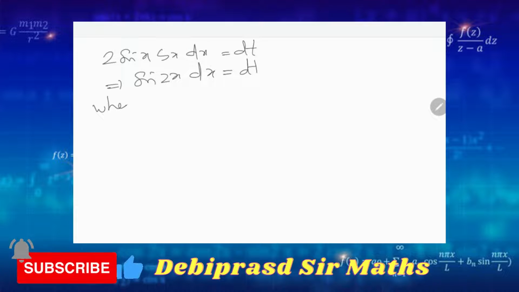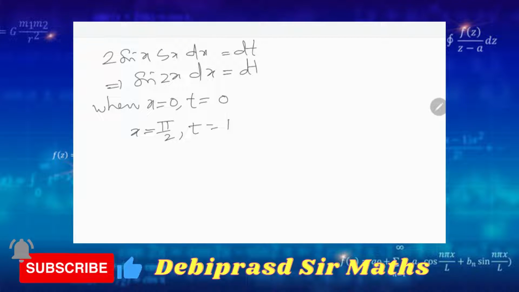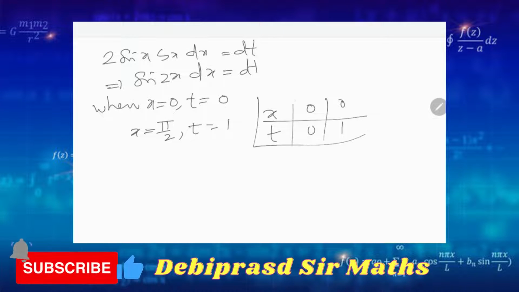When x is equal to 0, t is equal to 0, and when x is equal to pi by 2, t is equal to 1. You can frame a table, 0, 0, pi by 2, 1. It will help you.